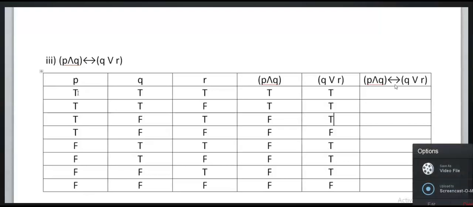Now next, double implication. For double implication, if both of them are the same, then it is true, otherwise false. Here both of them are the same, therefore it is true. It is true, false, true, false, false, false, and true.